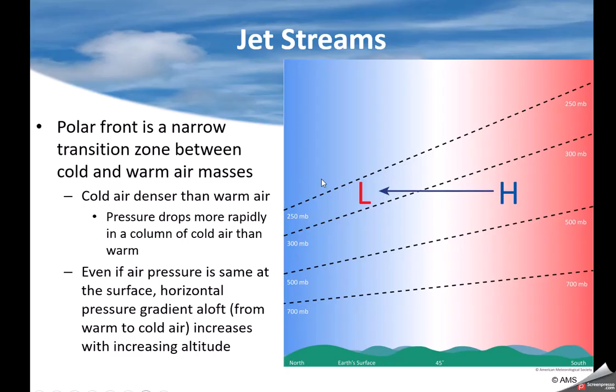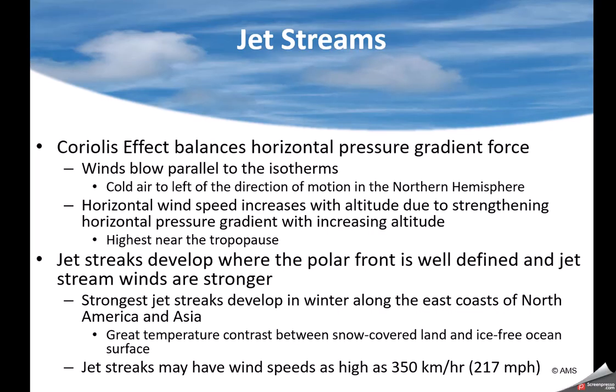So what you wind up with is an extreme pressure gradient developing in the upper atmosphere, very close to where the tropopause is, which causes a jet stream, and you wind up with strong winds up in that latitude. And the Coriolis effect balances that out.